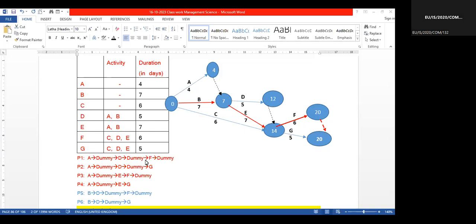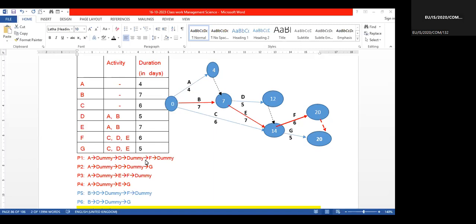So that's why this path is very important. The critical path is important because if there are any delays in these critical activities, that will affect the overall project duration. If there are no delays, or if you complete activities quickly, then the project duration is reduced.